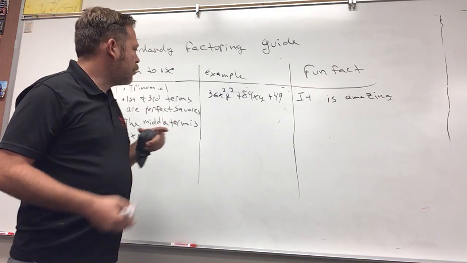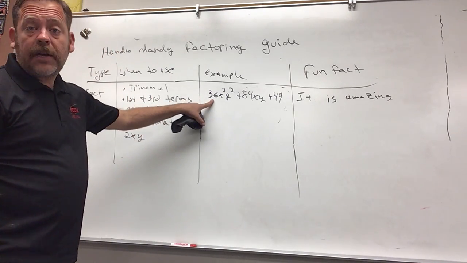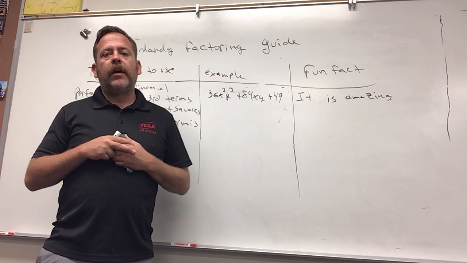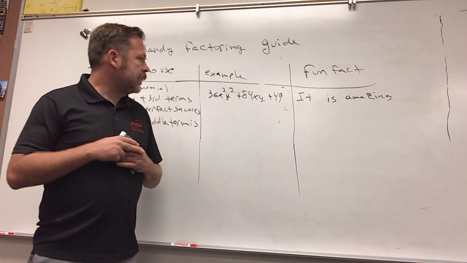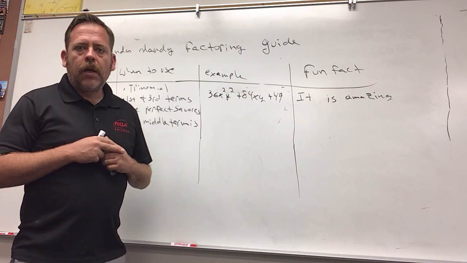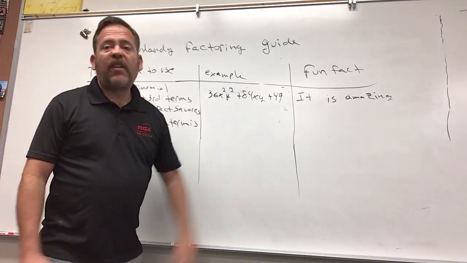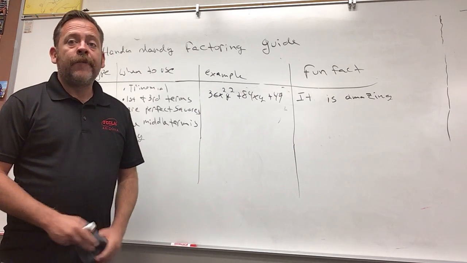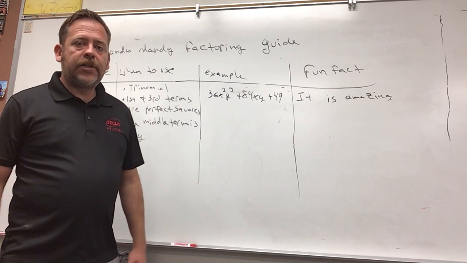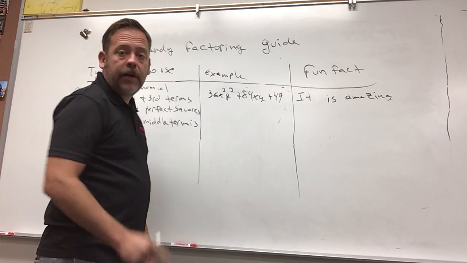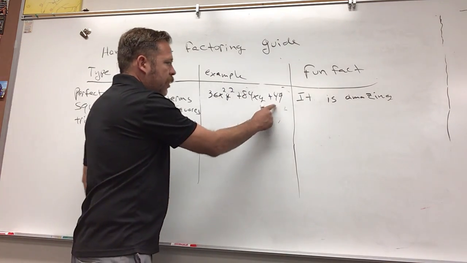You also see that the number in front is not 1, so you might be thinking AC, and you could probably try that, but it's probably not going to work. If you multiply a times c, 36 times 49 is such a huge number anyway. So what I want you to recognize in a situation like this is that 36x squared y squared is a perfect square. So is 49.